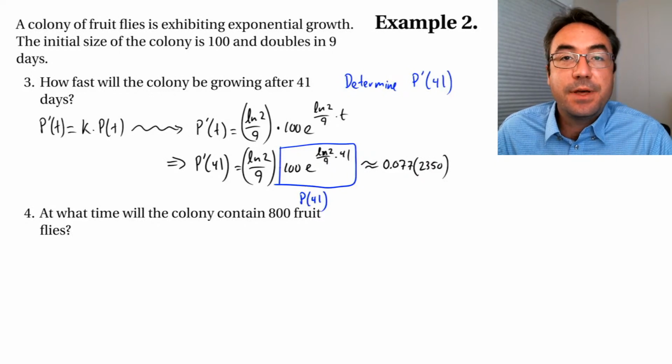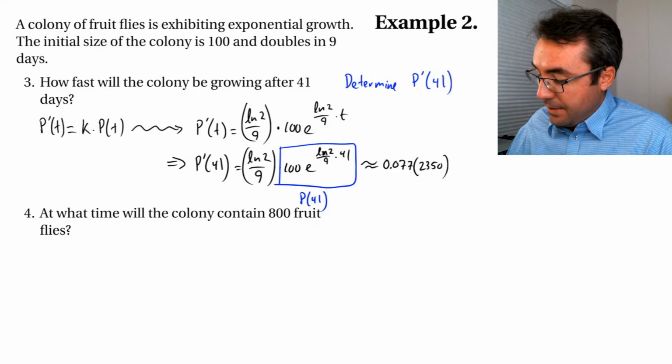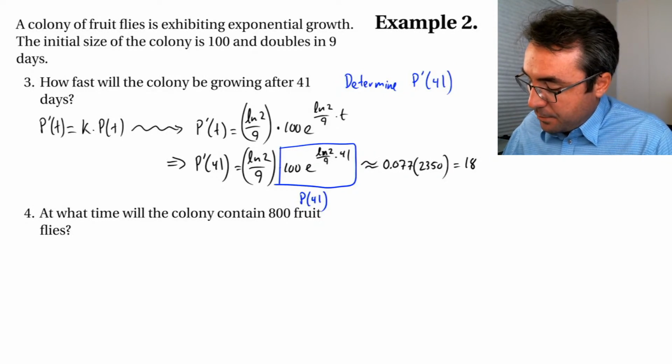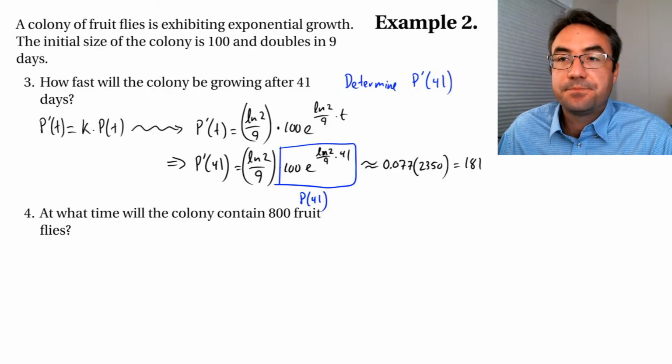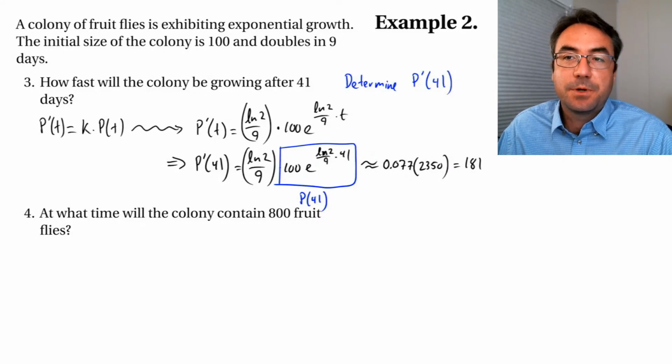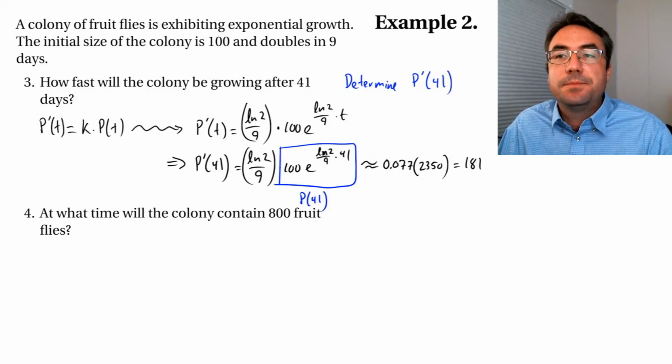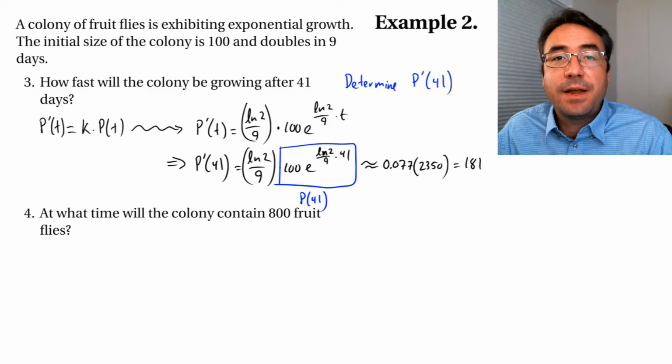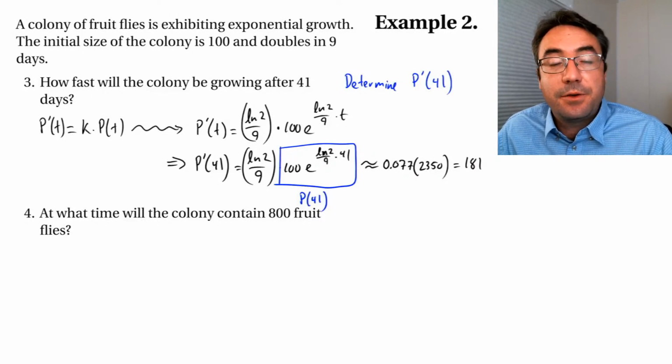We found that was 2,350. And then if we do the arithmetic there, we end up with 181. And this is just an approximation because it would be a decimal. But this is just to provide a little bit of context for what this derivative value looks like.